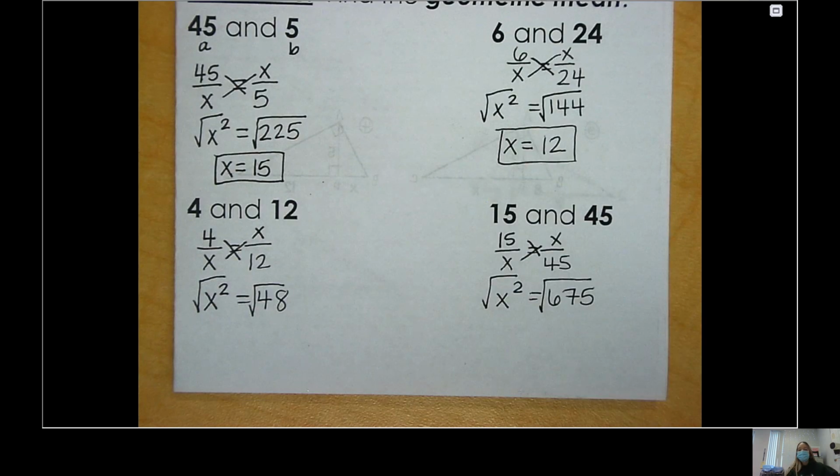You are going to get some decimals, so don't freak out. Yep, don't freak out. They're not going to be perfect.